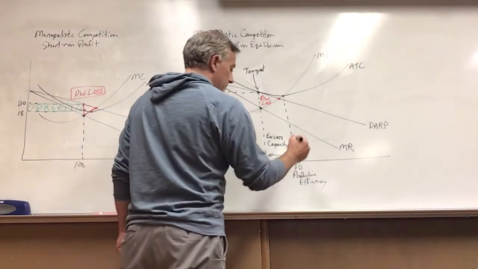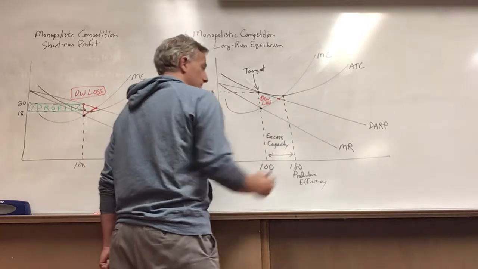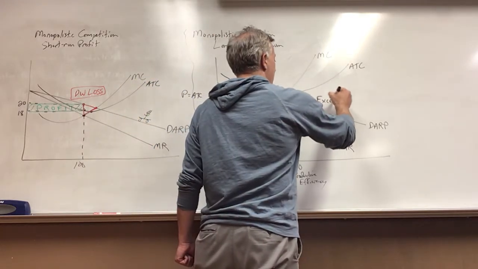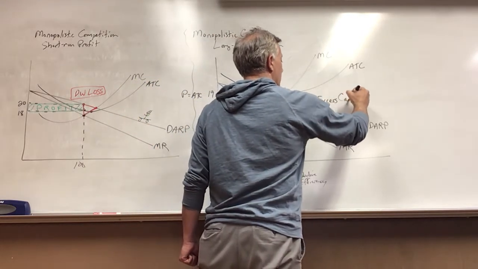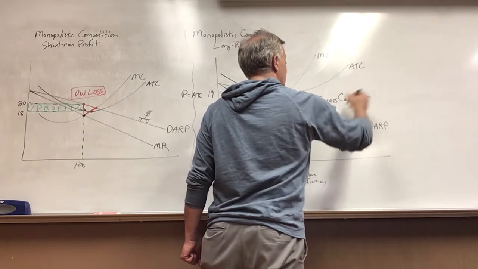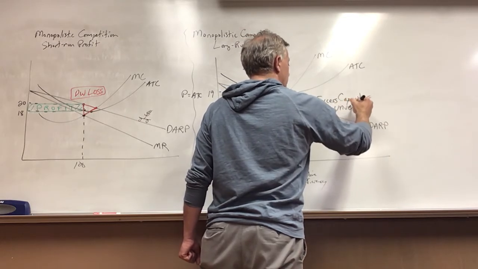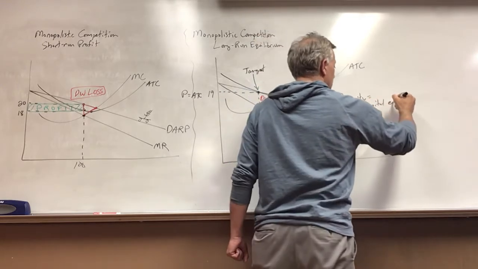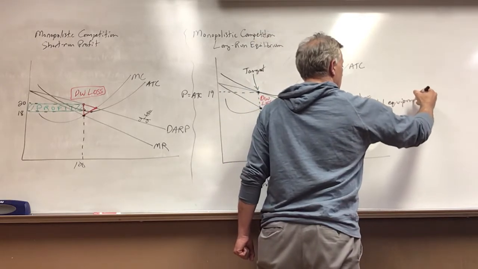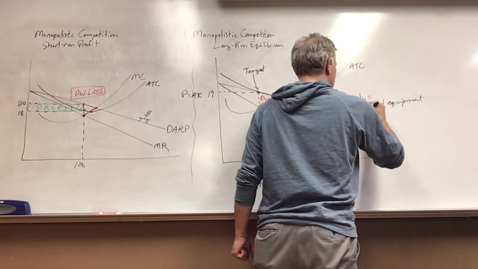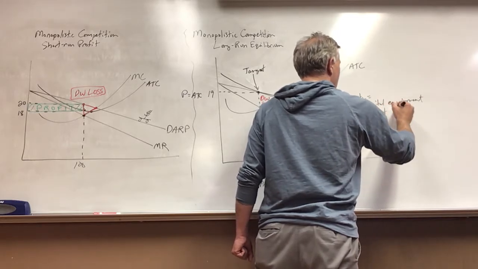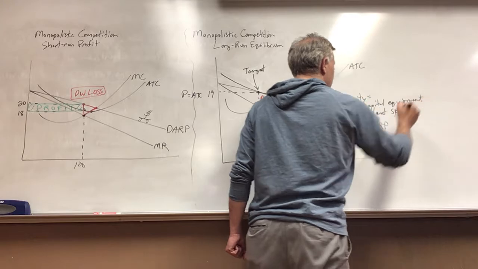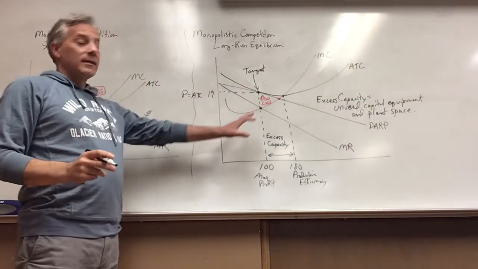All right, and excess capacity's official definition is unused capital equipment and plant space. And that is a big part of this long-run graph.